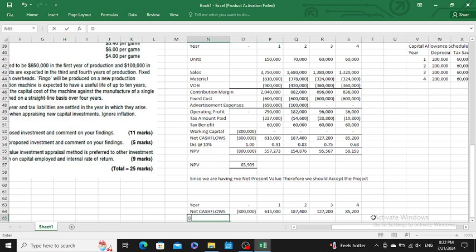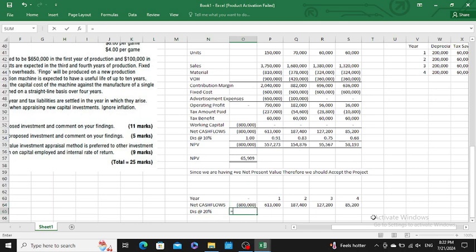Then the discount rate. I assume, sir, that if there is a higher cost of capital, the lower would be the net present value. If there is a lower cost of capital, the higher would be the net present value. It is an inverse proportional relationship. So I'm assuming, for example, a discount rate of 20%.